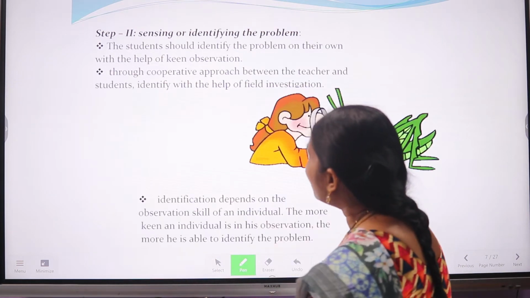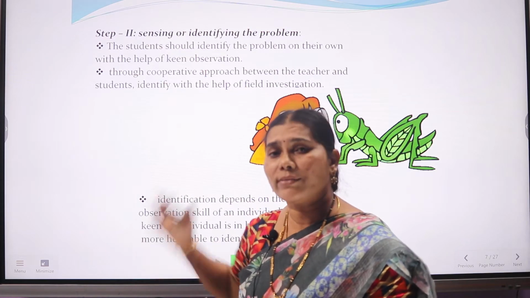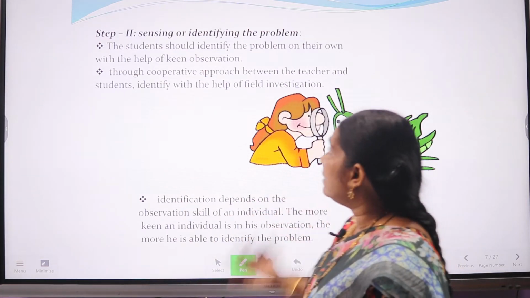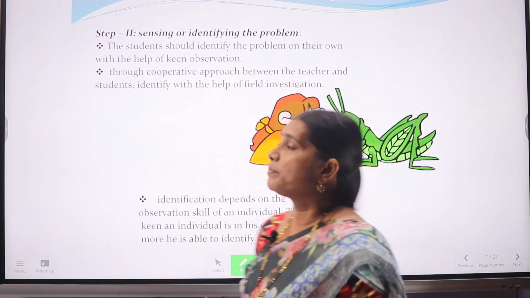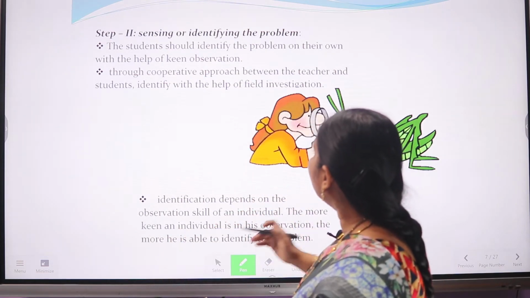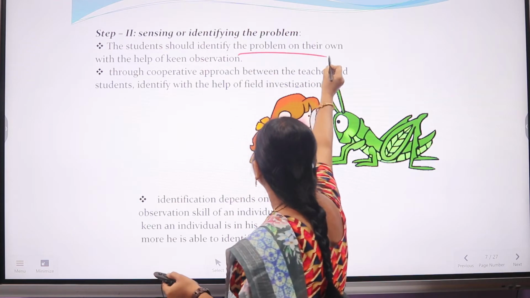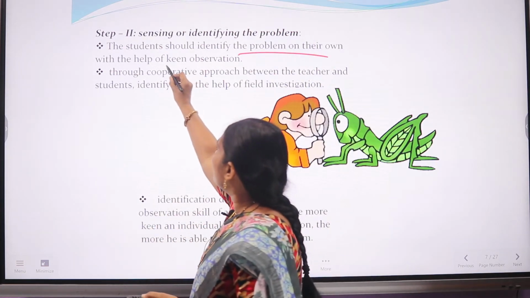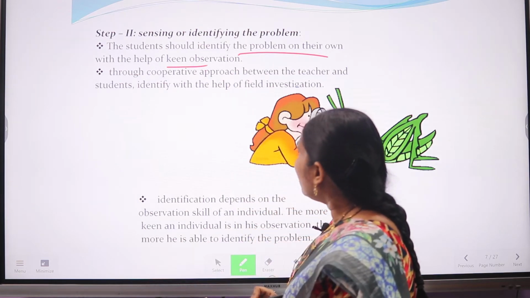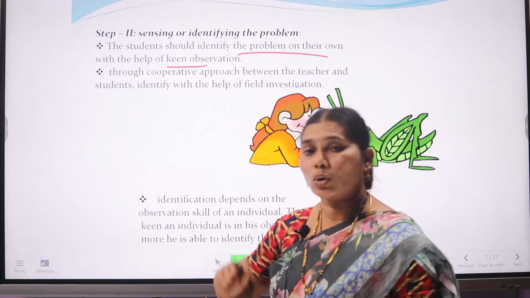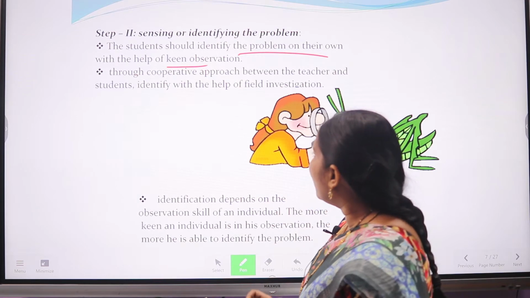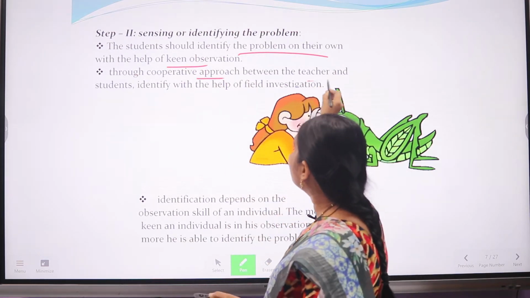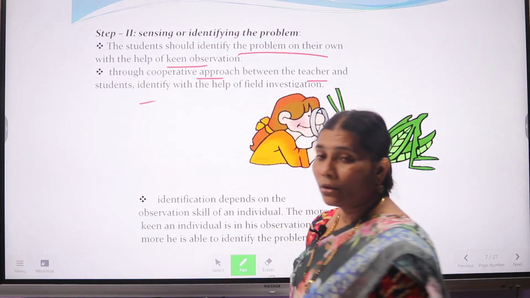Moving on to the second stage, after creating the problem, sensing or identifying the problem is the second step. Here, the student identifies the problem on their own, and this is done with the help of keen observation and the cooperative approach between a teacher and a student.